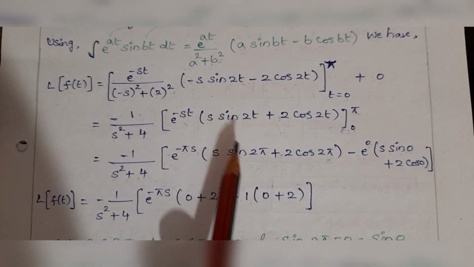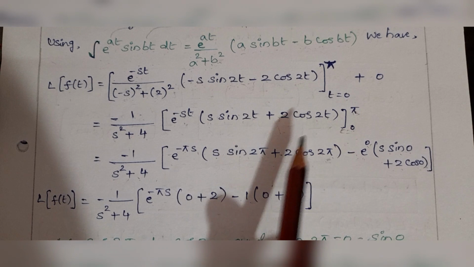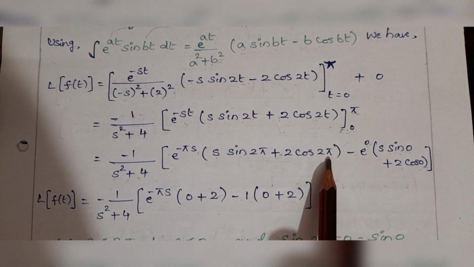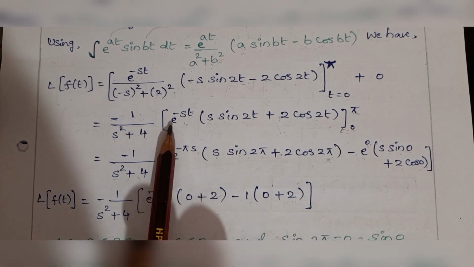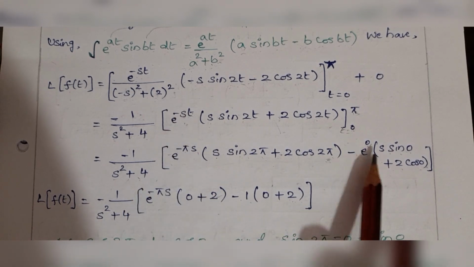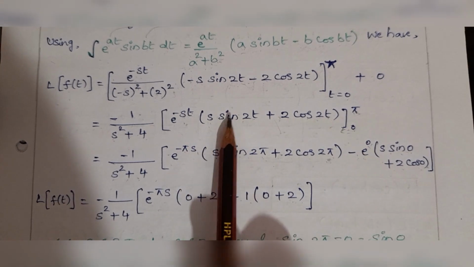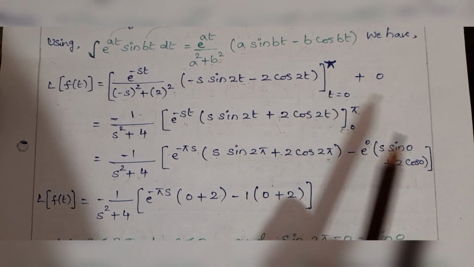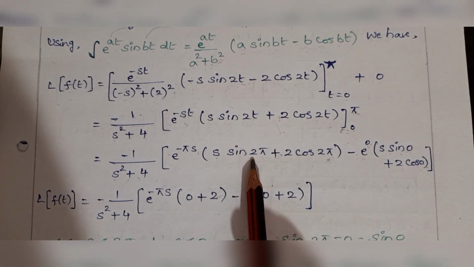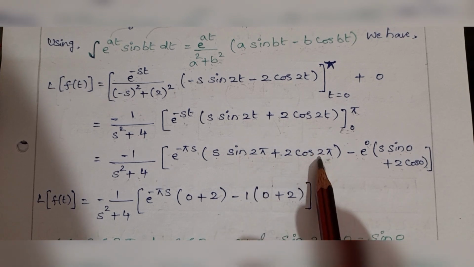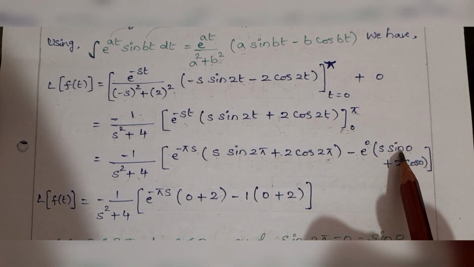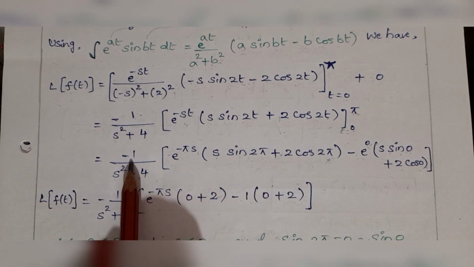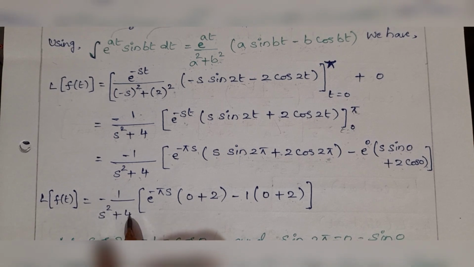Next s into sin 2, upper limit is pi, plus 2 cos 2, upper limit is pi, minus of lower limit e power of 0 into s into sin 2 into 0 is 0 plus 2 cos 2 into 0 is 0. So here sin 2 pi is 0, cos 2 pi is 1. Sin 0 is 0, cos 0 is 1. So ಇದು minus 1 divided by s square plus 4 ಹಾಗೆ ಬರೀರಿ.